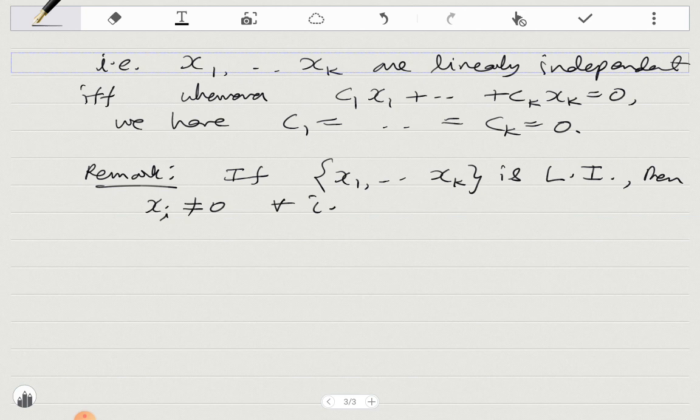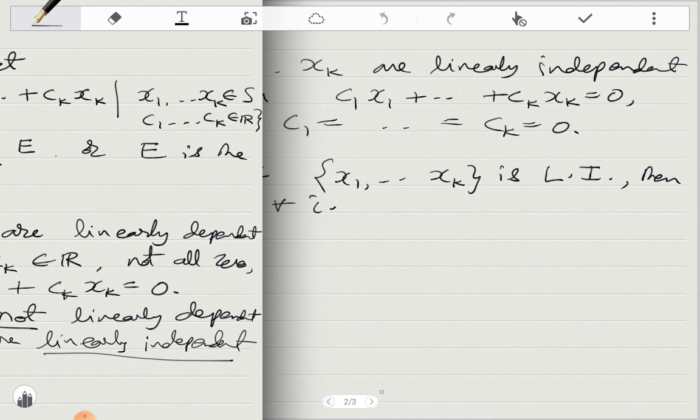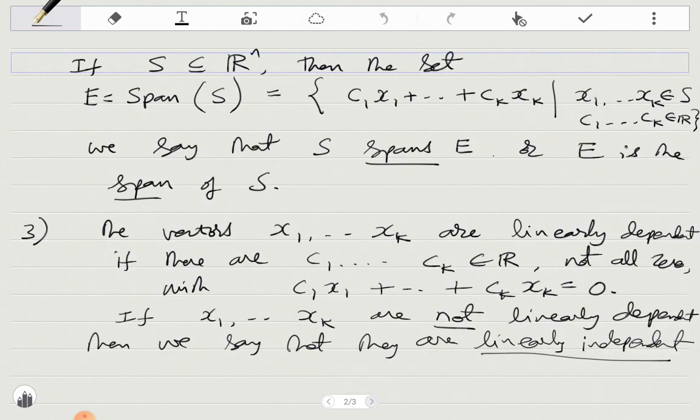Okay. Now we come to the concept of dimension of a vector space. So that was the third point.